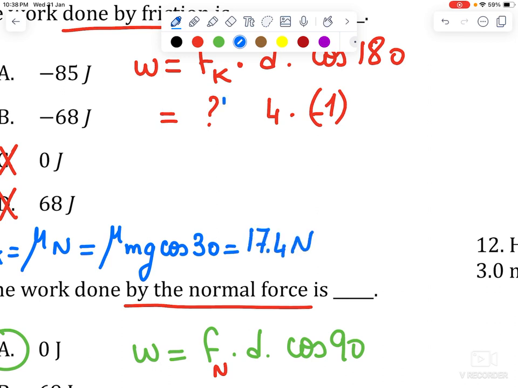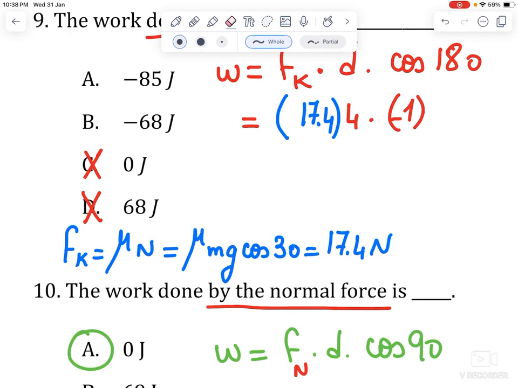Now let me replace it here. 17.4 times 4, I will have -68.